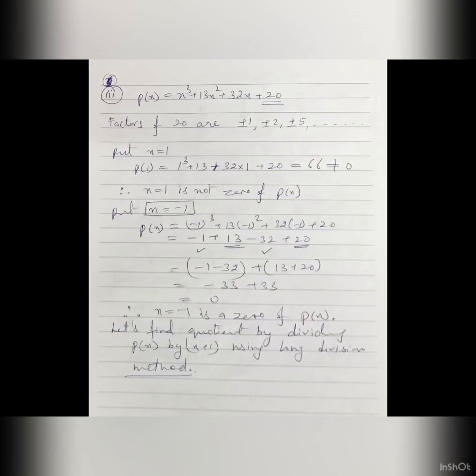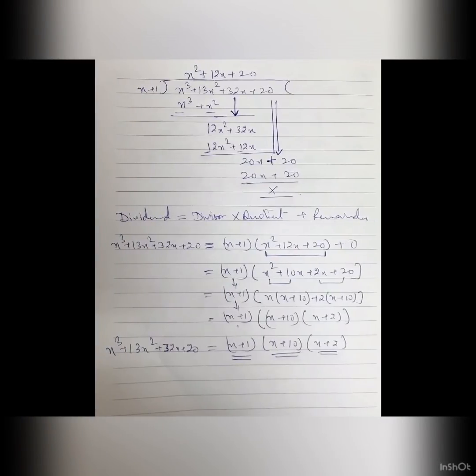So by the hit and trial method, we have one factor of px, which is x plus 1. Rest two factors we will calculate using long division method. Now let us divide px by x plus 1 using long division method. X cube plus 13x square plus 32x plus 20.